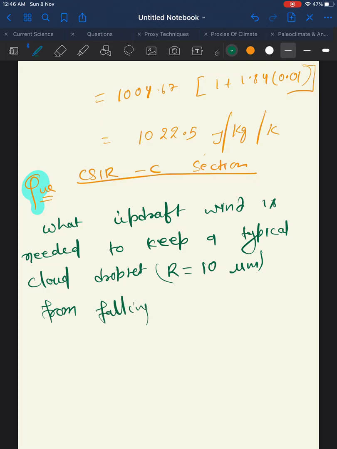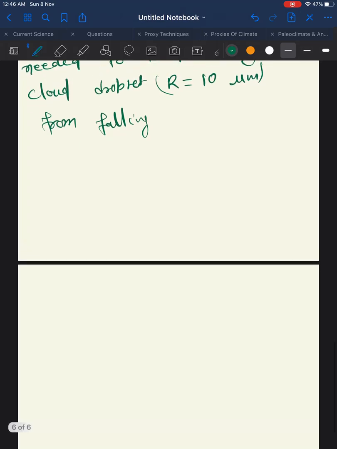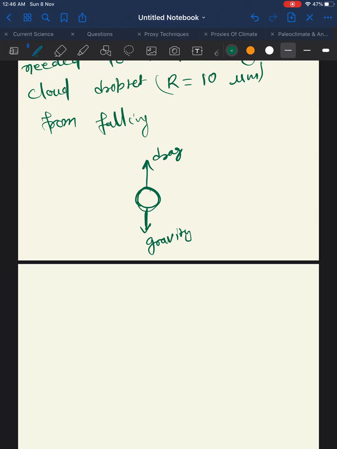Now for this you need a concept. Okay, so look, suppose this is a droplet. Now in the downward direction there is gravity, and on the other side we have drag. Okay, two forces are there. In the upward direction there is drag, and downward gravity acts.